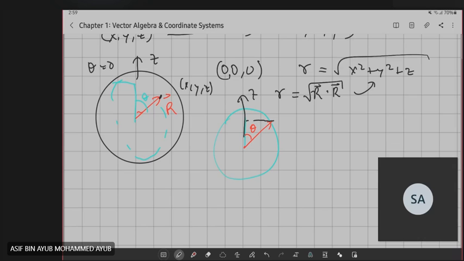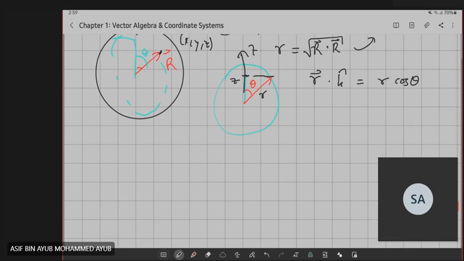As I said, theta equals 0 means that you're along the z-axis. This is actually the z component in the Cartesian coordinate. So if you take r in the k direction, you'll get r cos theta. That's how you find z. And so cos theta will be z over r. That's how you find theta.